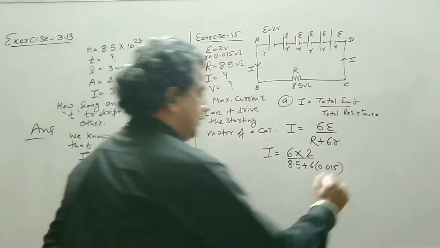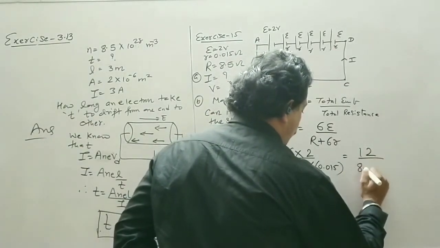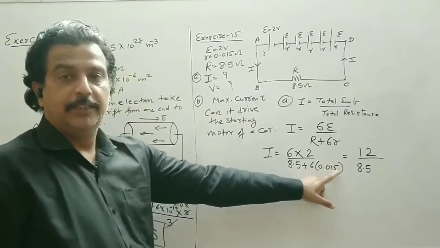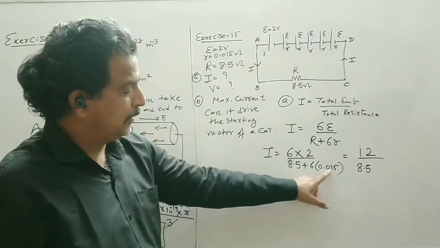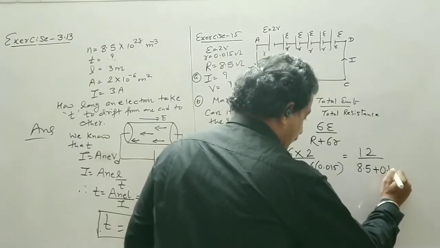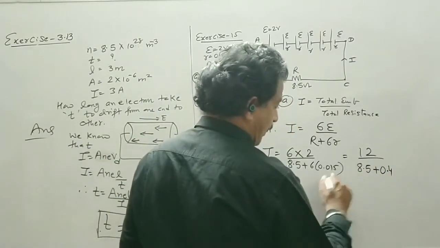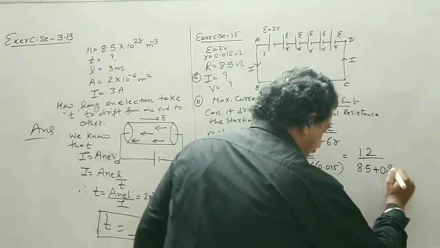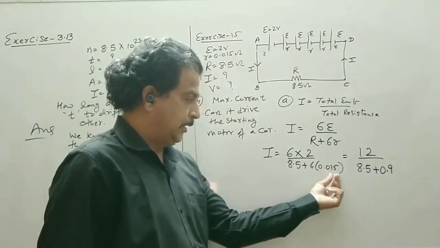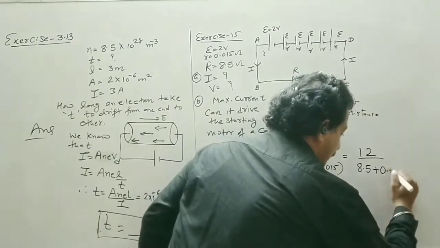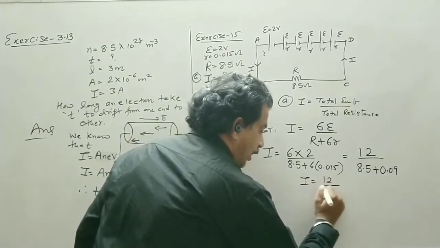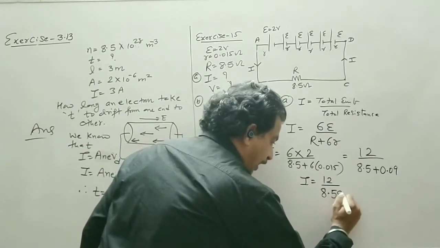So this is equal to 12 divided by 8.5 plus 0.9, sorry, 6 times 0.15 is 0.90. So I is equal to 12 divided by 9.4.